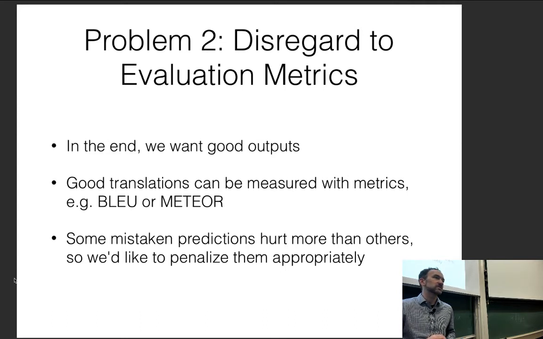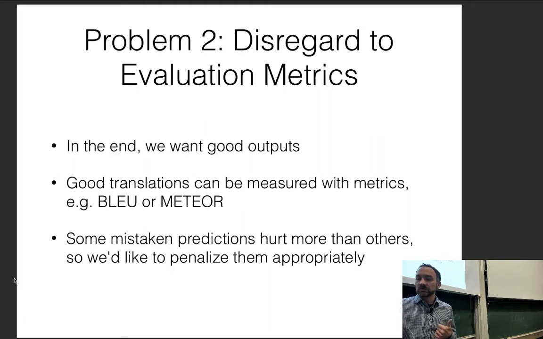Another problem is that this disregards our final evaluation metrics. Like I mentioned before, likelihood will give equal weight to multiple wrong predictions, right? Let's say we have a really wrong prediction like turning a verb into a noun in part of speech tagging, and a somewhat wrong prediction like turning a verb into a past tense verb. It would give both of these equal weight, and that's not good.